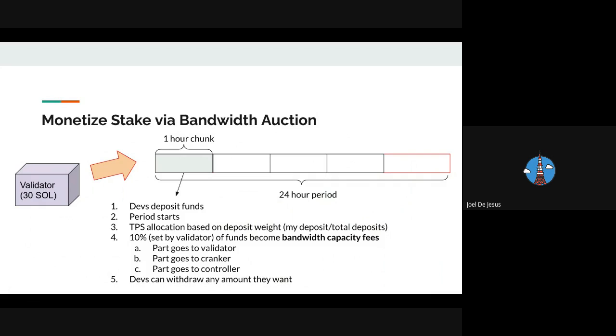Roughly, if there's 100 SOL staked on validators, and this validator has 30 SOL, that means the validator has 30% of the network capacity, so roughly 30% of the network TPS. Yep. Okay, cool.